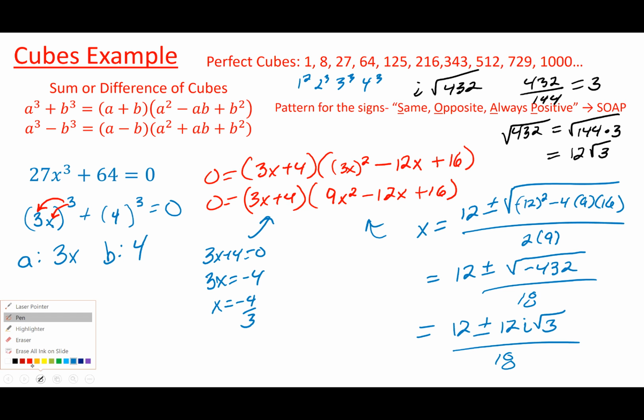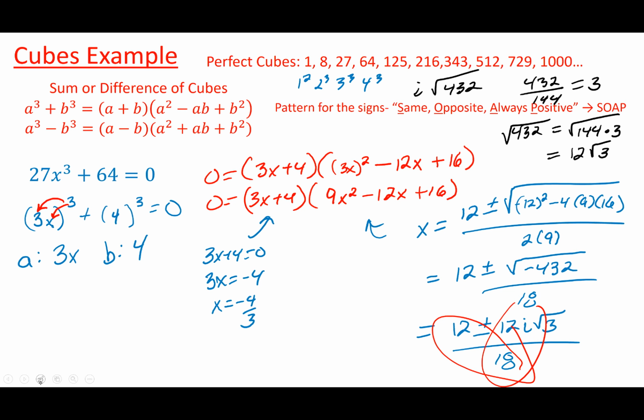Do our heart surgery on this. And so I'd end up with 12 over 18 plus or minus 12i over 18 root 3.